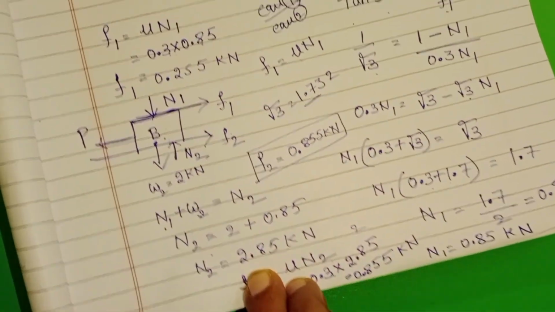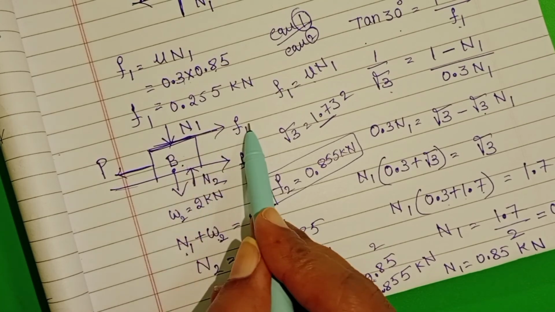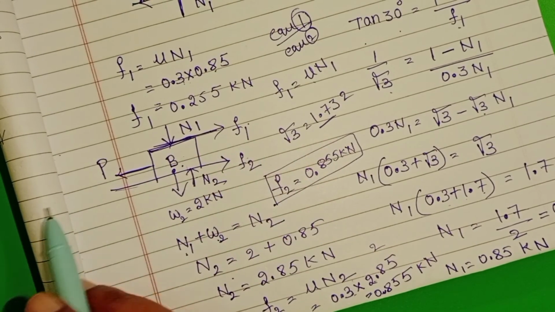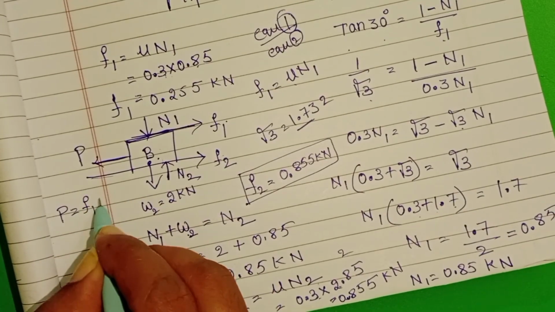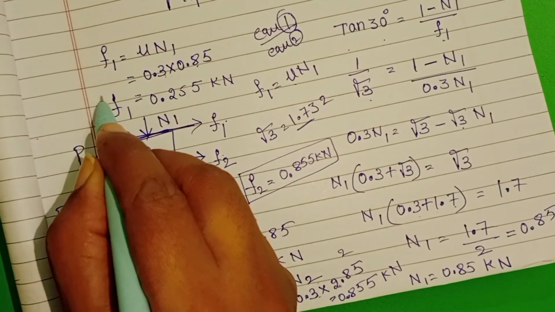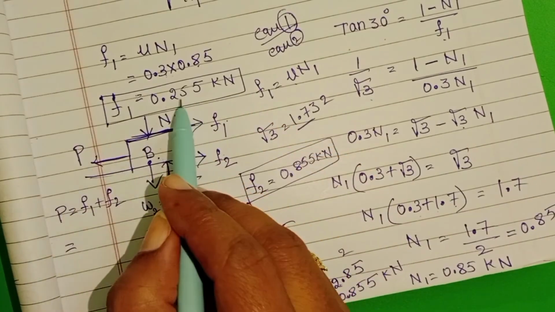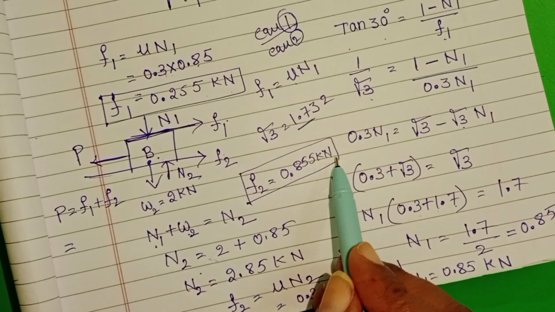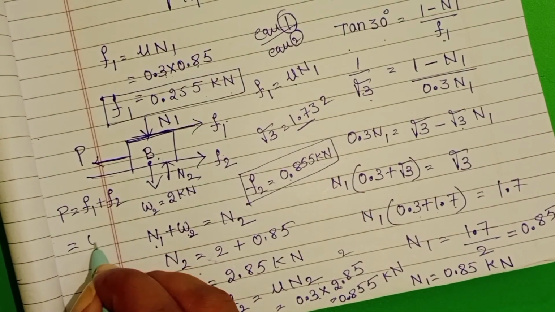Next, take the horizontal forces also. F1 and F2 act on the right side, P acts on the left side. P is equal to F1 plus F2. F1 is equal to 0.255 kilonewton and F2 is equal to 0.855 kilonewton.